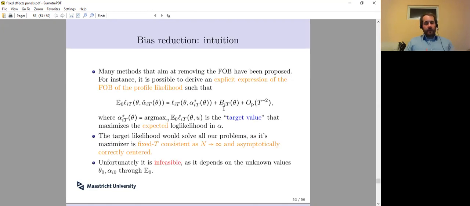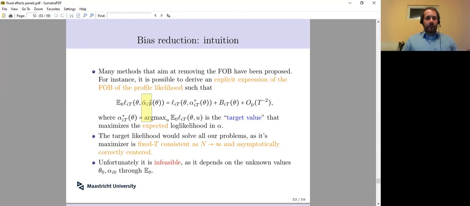Okay, so there is really a multitude of methods that remove the first order bias. So let's do a very simple one. First of all, what we do is that we expand. Sorry, there should be another expectation here. I will fix that.